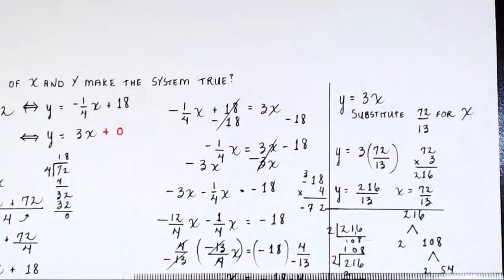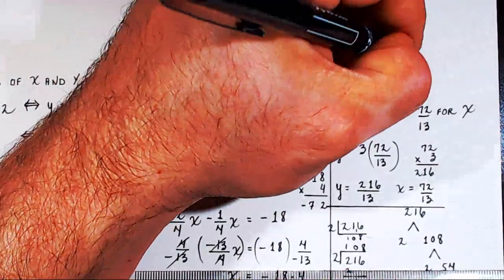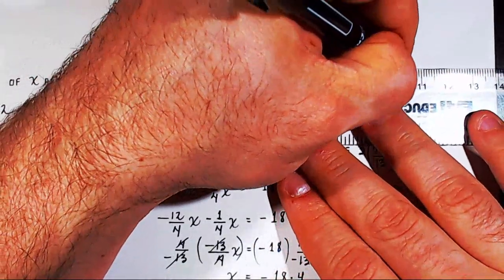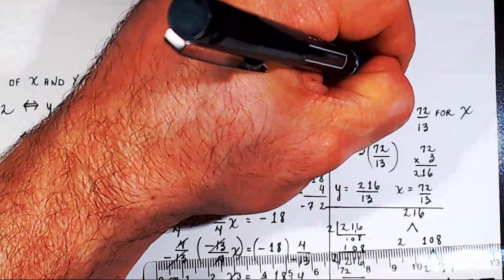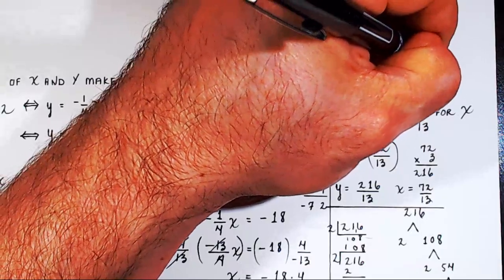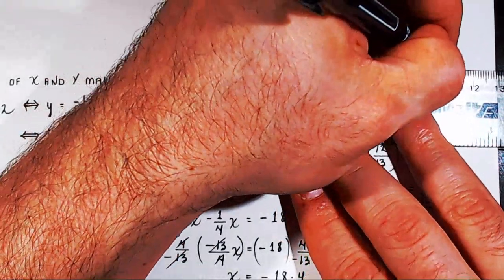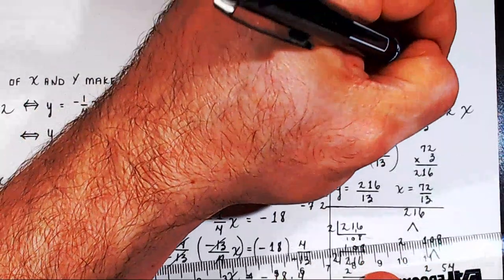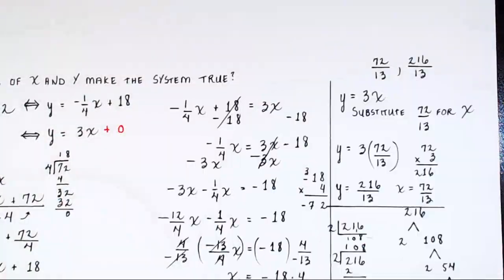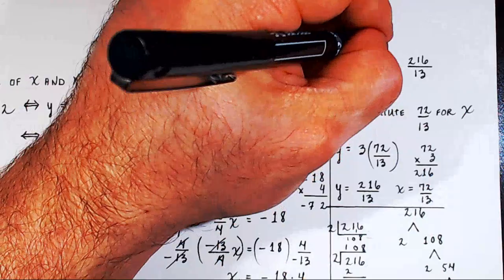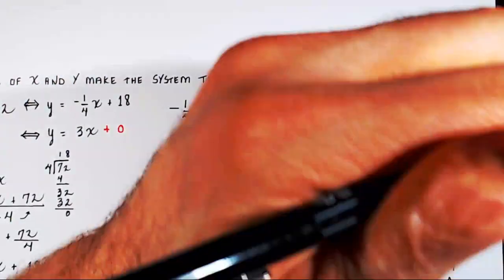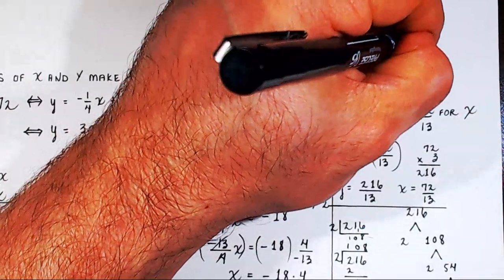I mean, you could, but the way that I would write it is as a coordinate pair: 72 thirteenths for x, comma, 216 thirteenths for y. So these values make the system true.